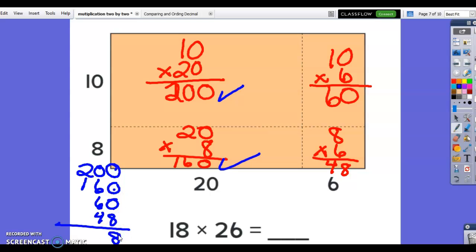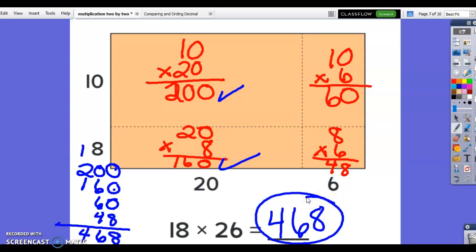Then you have 0 plus 6 plus 6, which is 12, plus 4, which is 16. Carry your 1. 1 plus 2 is 3, plus 1 is 4. Your total product should be 468. Again, pause the video here if you need to.